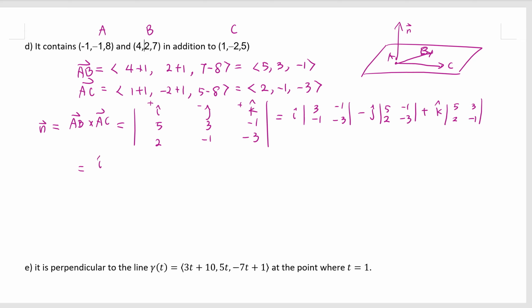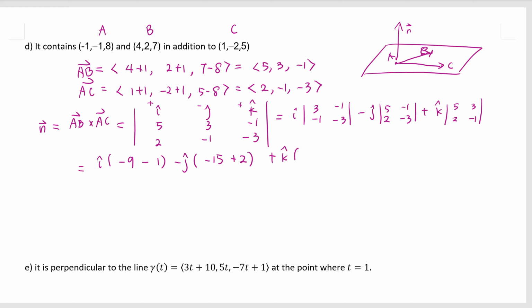Okay, so we have 3 times negative 3 is negative 9, minus 1 times negative 1, which is plus 1. For j: 5 times negative 3 is negative 15, minus 2 times negative 1 is minus negative 2, so it becomes plus 2.